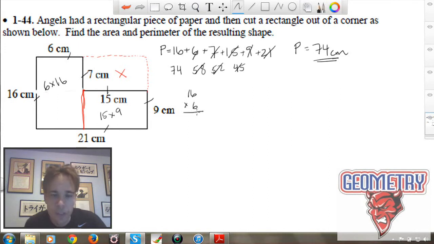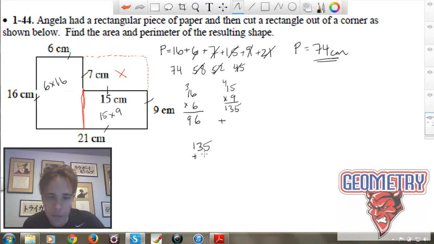First let's do 6 by 16. If we have a calculator we could do that. We'll just do it by hand here. 6 times 6 is 36, 6 times 1 is 6 plus 3 is 9, so there's 96 as one of the areas, plus the other one is 15 by 9. 9 times 5 is 45, 9 times 1 is 9 plus 4 is 13, so we have 96 plus 135.